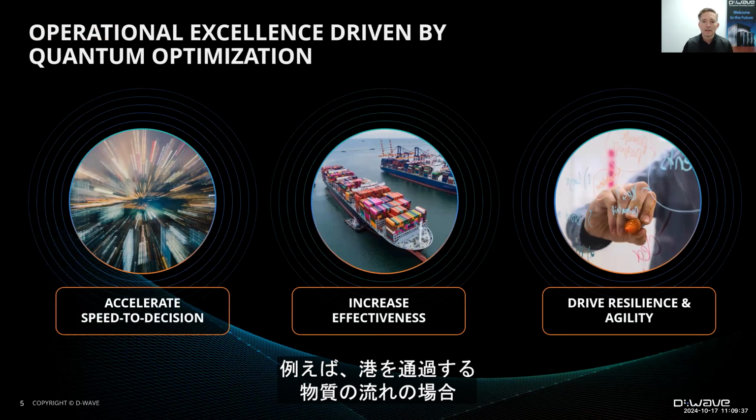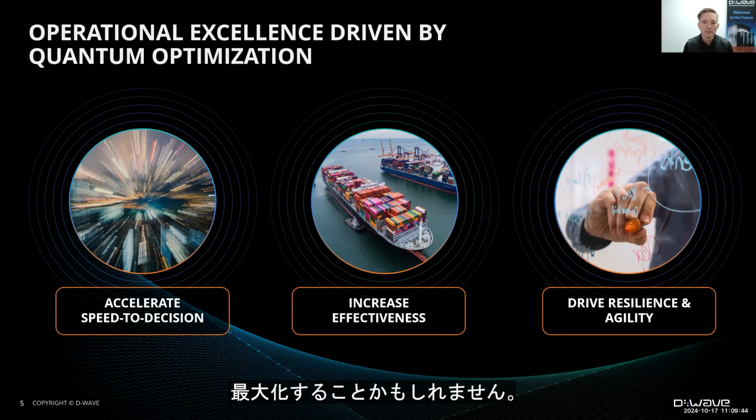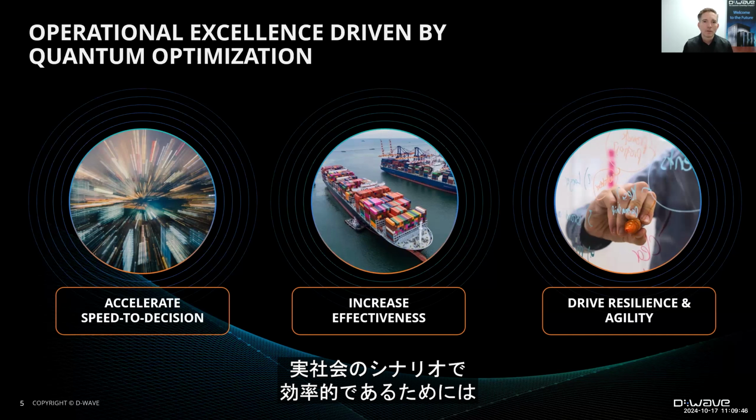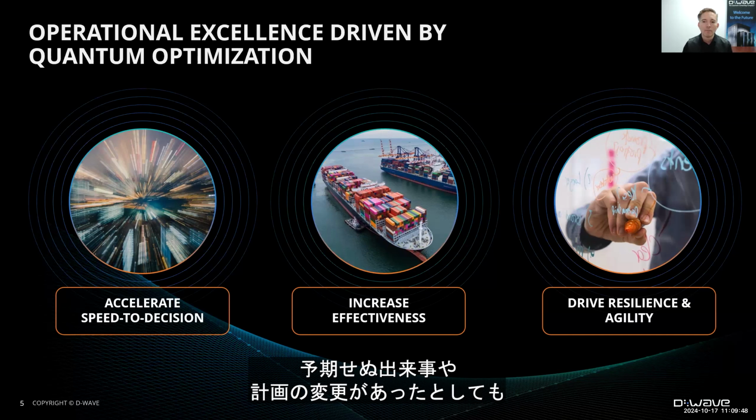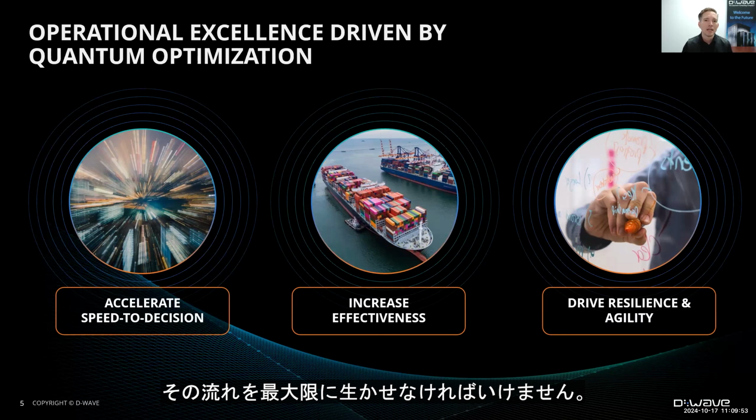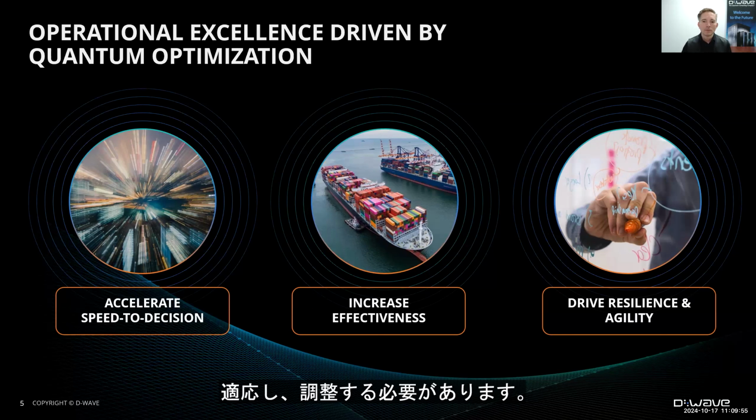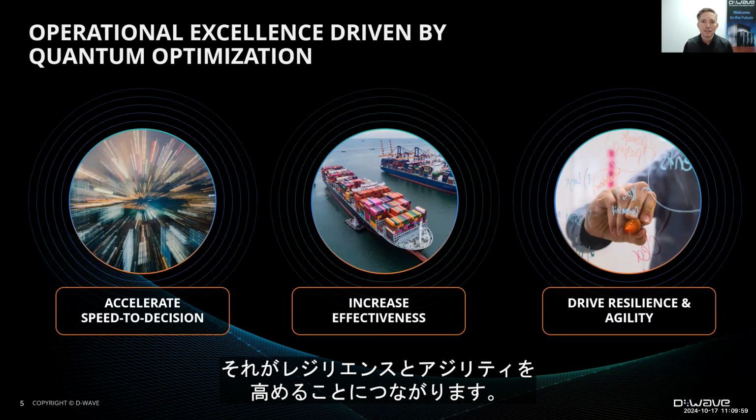If you consider, let's say, the flow of material through a port, increasing efficiency might be about maximizing the flow of the material. But in order to be effective in real-world scenarios, you have to be able to maximize that flow in a context where you have unexpected events or changes in plans. So you have to be able to adapt and adjust. And that's really about driving resilience and agility.